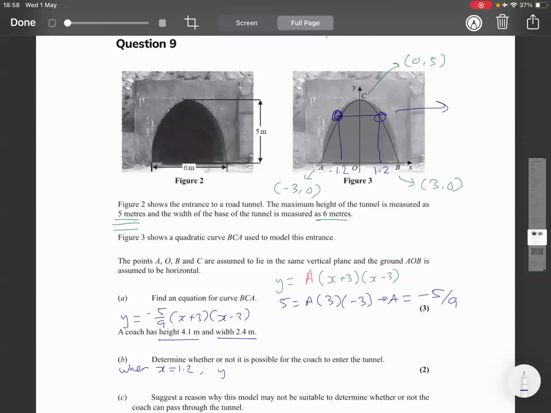So we get y equals minus 5 over 9, 1.2 plus 3, 1.2 minus 3, and then we get an answer of 9.8. So 9.8 is much bigger than 4.1. So there is enough space for the coach to enter the tunnel.